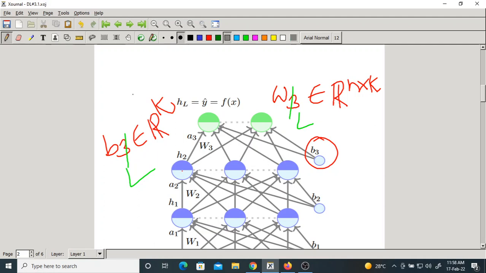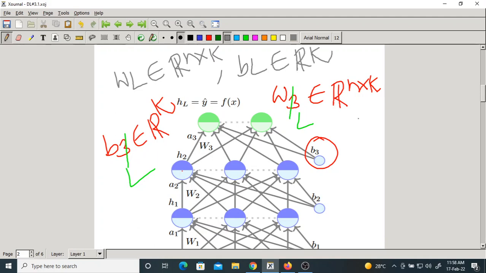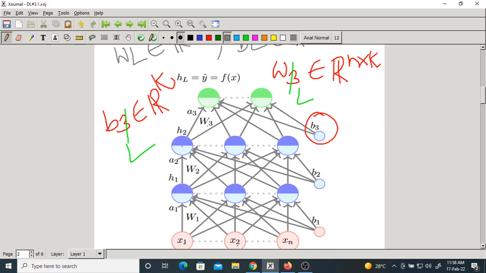WL belongs to R n cross k, and BL belongs to Rk. W3 is the weights between the last hidden layer and the output layer, and B3 is the bias of the output layer.